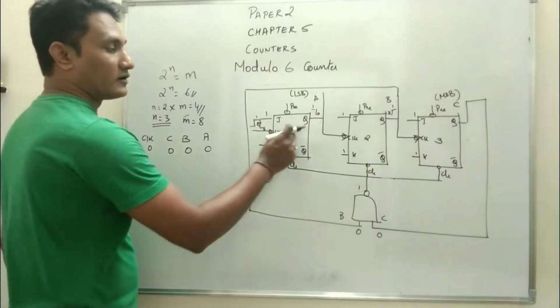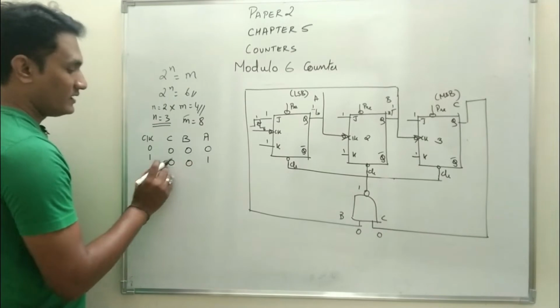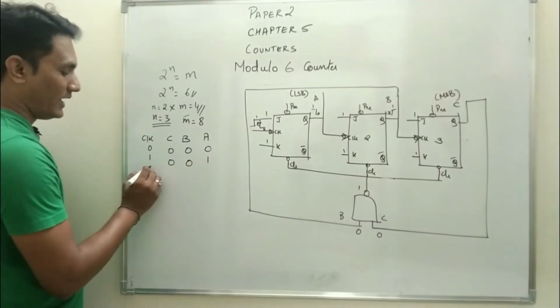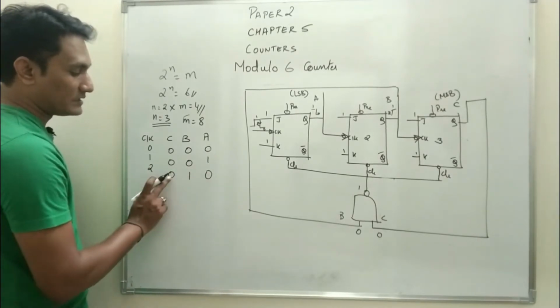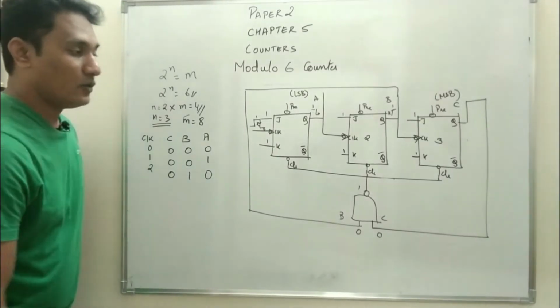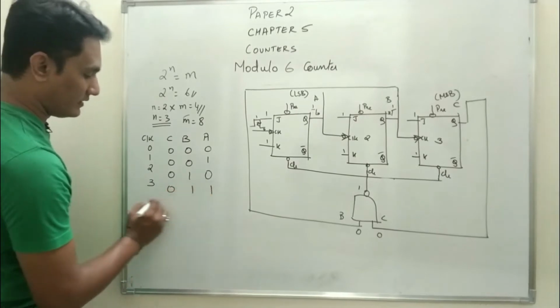So with each applied clock pulse the count will increase. First clock pulse: 0, 0, 1. Again C and B are 0, so the output of the NAND gate will remain 1. Second clock pulse: 0, 1, 0. Now C is 0, B is 1, but if any one of the inputs is 0, the output of the NAND gate will be 1. So the clear terminals will be deactivated. Third: 0, 1, 1, it remains the same.